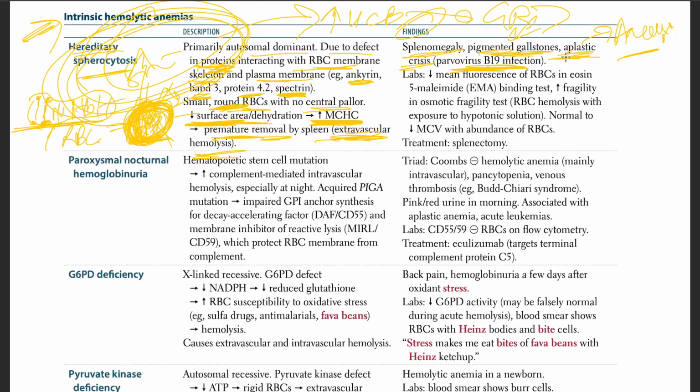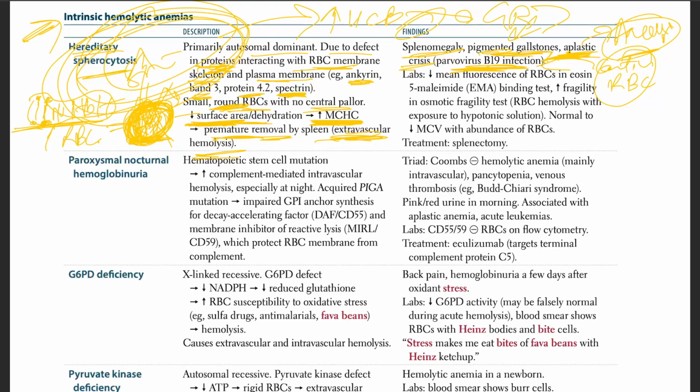Any patient who needs continuous RBC production is prone to getting parvovirus B19 infection, and that virus will further mess things up and cause aplastic crisis, which is anemia only, and symptomatic anemia.